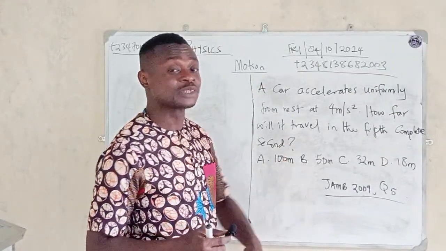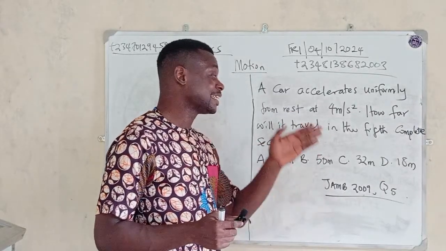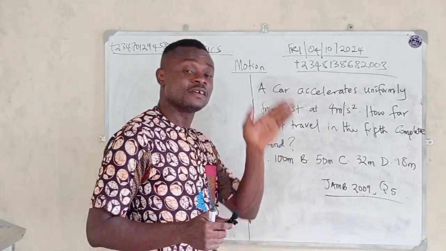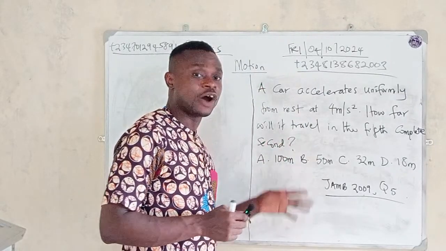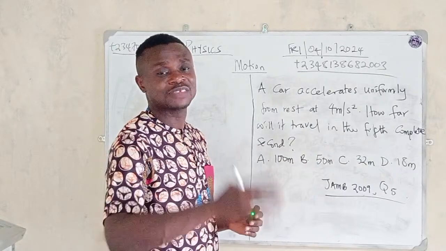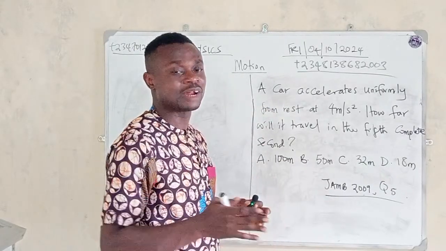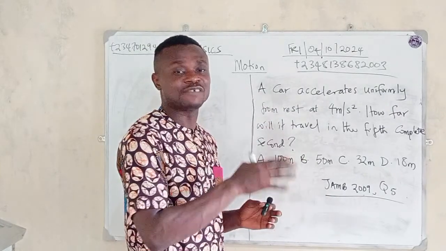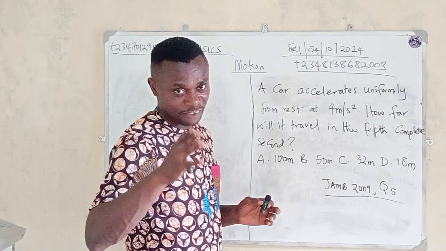In the 5th second means that you will find the distance after 4 seconds and keep it. Then find the distance after 5 seconds, and subtract the distance after 4 seconds from the distance after 5 seconds.